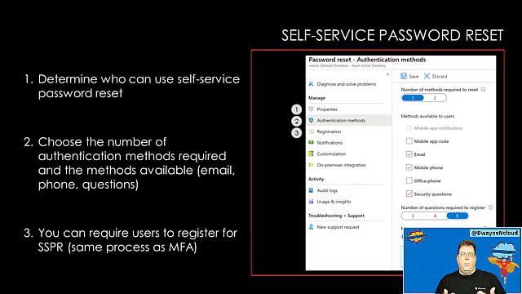And then you can set how many questions are required to register, and how many questions they're asked to verify who they are before that password is reset. And then when that password is reset, they get an additional email saying, hey, your password was reset. Did you do that? So that's, again, that zero trust model of continually verifying who you are.